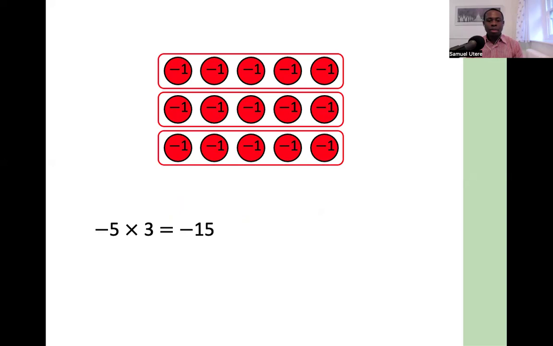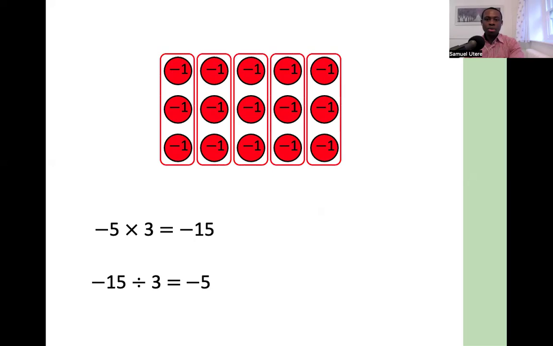So we have 3 groups of negative 5 counters. We can group it in another fashion. So now division comes into play. We can do the inverse operation and say that this represents negative 15 counters put into 3 equal groups will give us each group containing negative 5.